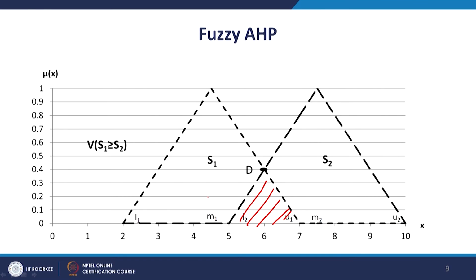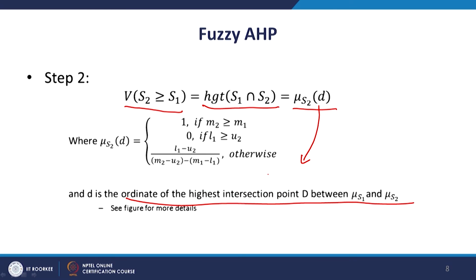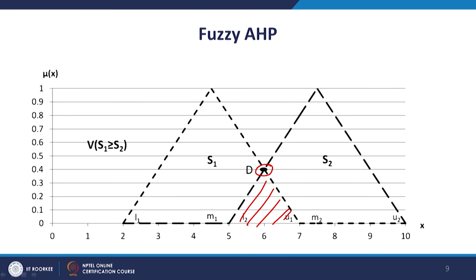M1 is the most promising value, while L1 and U1 are the smallest possible and largest possible values. Similarly for the second fuzzy number, S2. So, there is going to be this overlap and this intersection. Then d is the highest point of this intersection, and when we referred to mu_S2(d), this was actually this ordinate value. Corresponding to this we will get some value here.